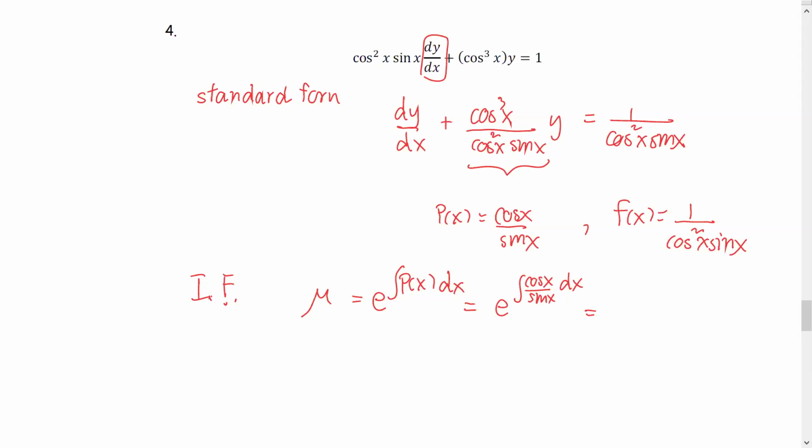Yes, that would be the way to find the antiderivative. So if you use the u sub, what would the u be?